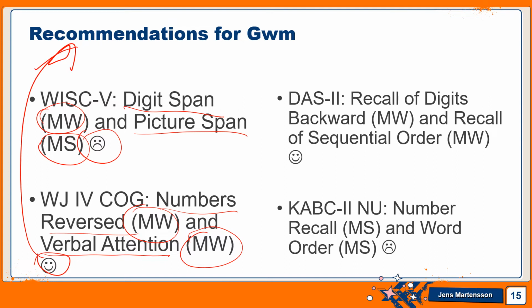The DAS-2 has recall of digits backward, which is working memory, that's digits, and then recall of sequential order, which is working memory again. This is real world stuff because in the book, if you've never given the DAS, there's a picture of a guy, and you tell the child eyes, shoulders, chin, whatever, and the child has to repeat back what you said, but in descending body part order from the highest to the lowest.